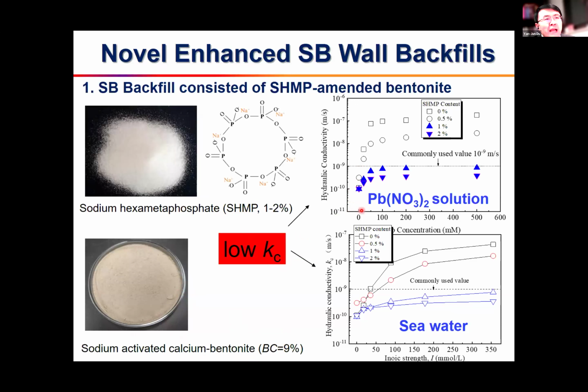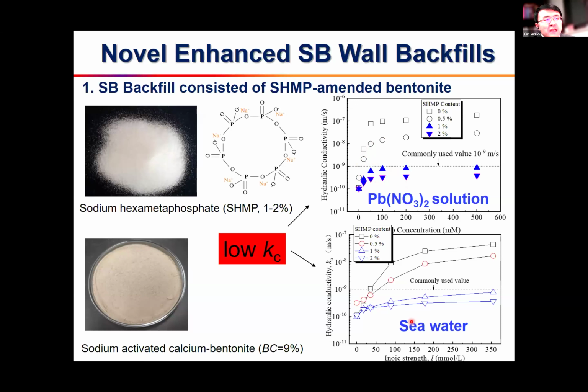We permeated the backfill with lead nitrate solution. What we find is that when the SHMP content is up to 1 or 2%, the K will be lower than the commonly used value, 10^-9. However, for the unamended backfill, their K will be larger than 10^-9.